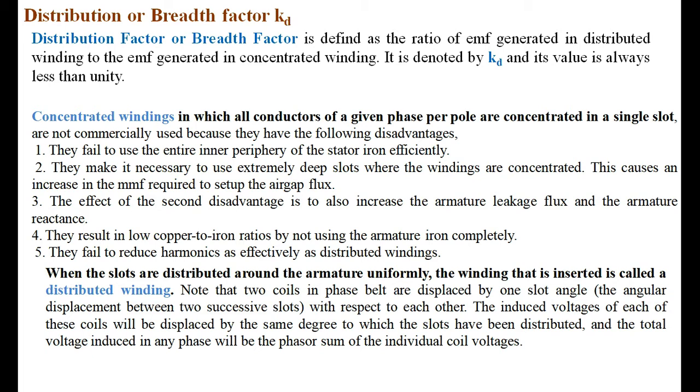Here, what do we mean by concentrated winding? If the set of conductors meant for one particular phase under one pole are placed in a single slot, then it is called a concentrated winding. That is, the conductors pertaining to one particular phase under each pole are placed in one slot.